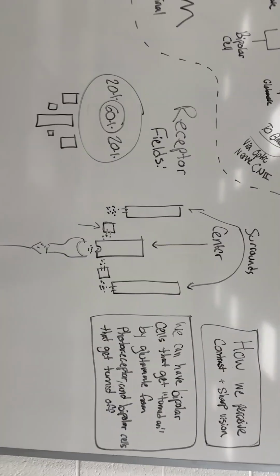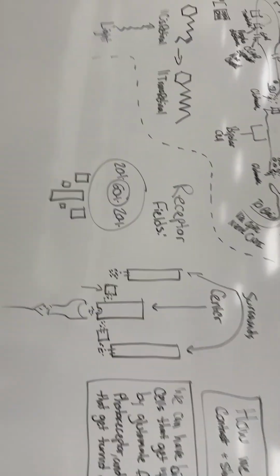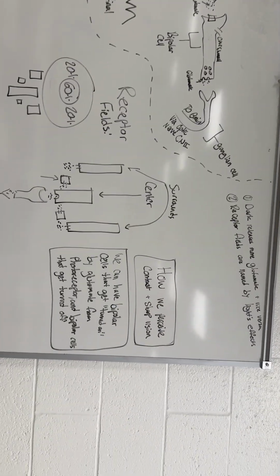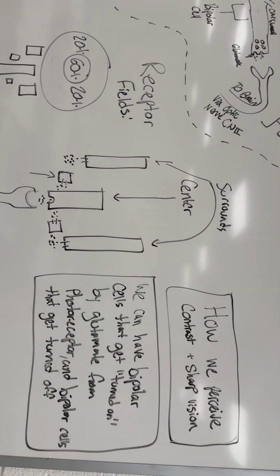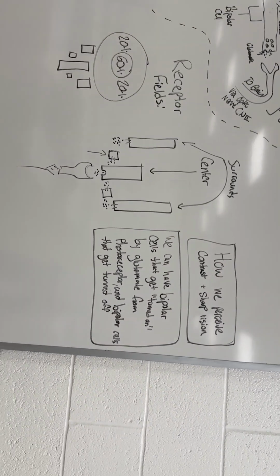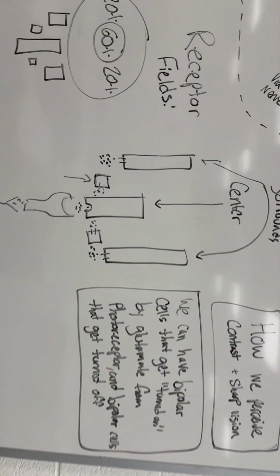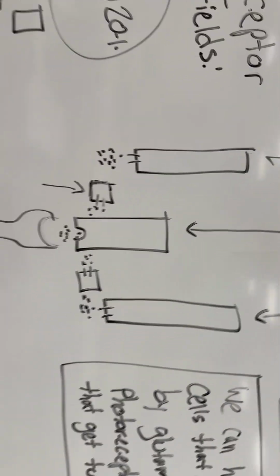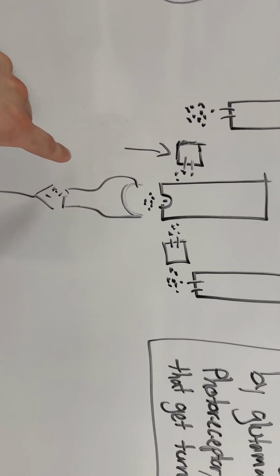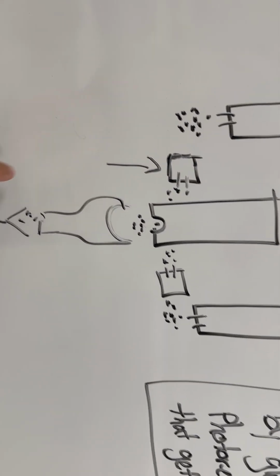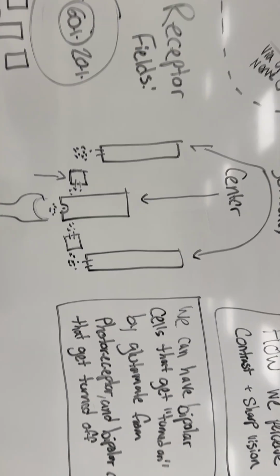So now we have this phenomenon called receptor fields. And this is how these photoreceptors work together to produce contrast and sharp vision. So in a receptor field, say we have 3 photoreceptor cells here, 2 horizontal cells, and then we have our bipolar cell and our ganglion cell.